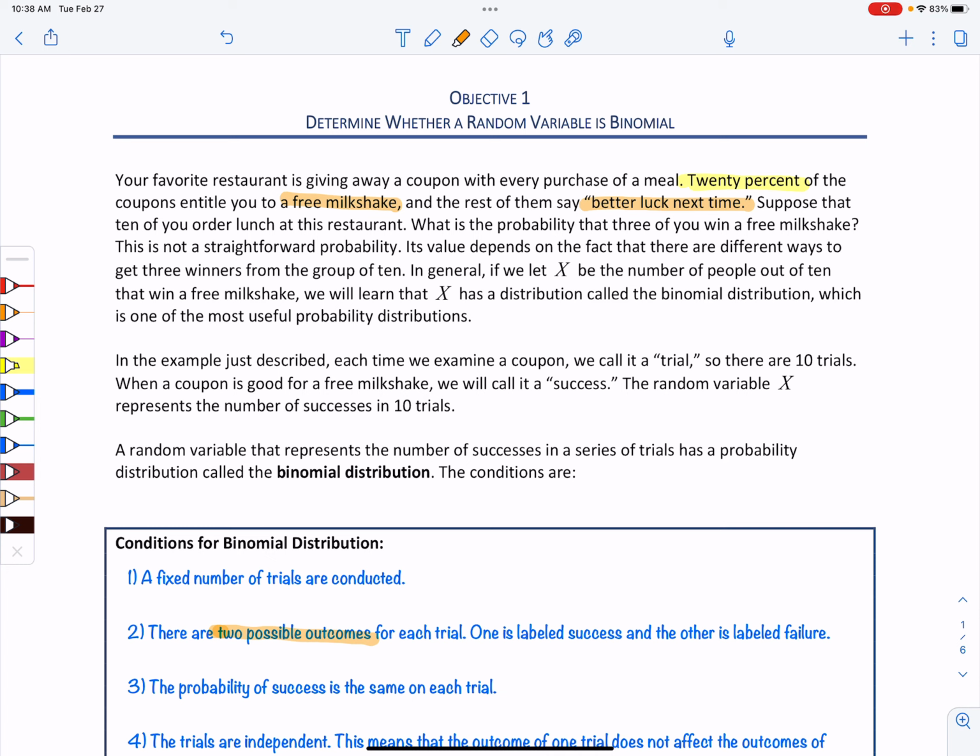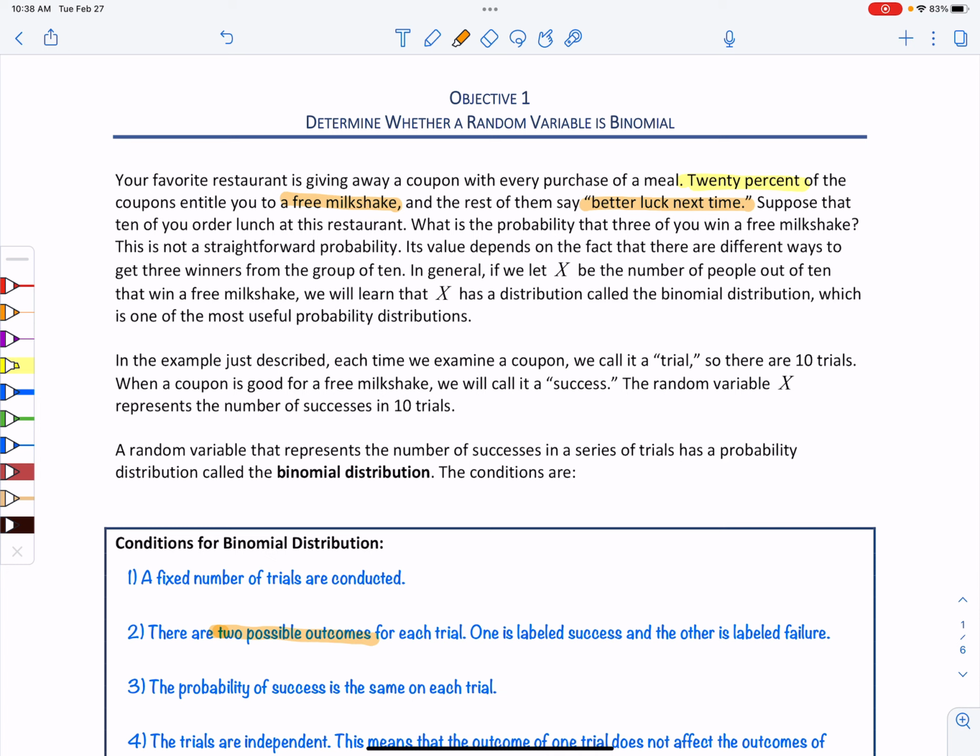In this case, the success would be we get the free milkshake. We call the other a failure, which in this case would be you get the coupon that says better luck next time. That is a signal that what you're dealing with may be classified as a binomial random variable.